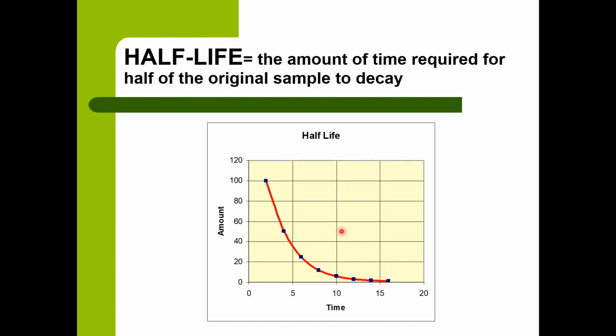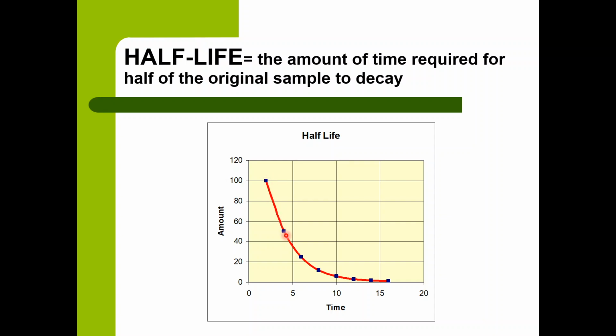So your half-life is described as the amount of time required for half of the original sample to decay. Let's say we started out at time 0, it'd probably be up here somewhere, and then time 5. Let's say this is years. Years would be more realistic for a lot of these things, and so by about 2.5 years or so, you'd have 100 of that sample left.